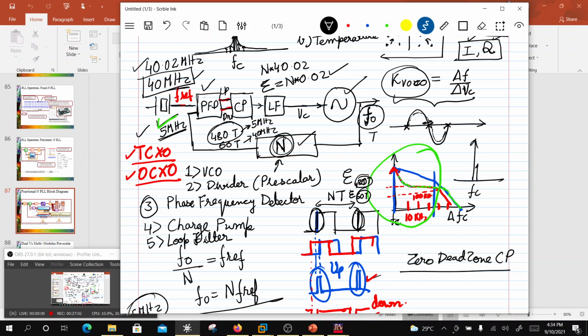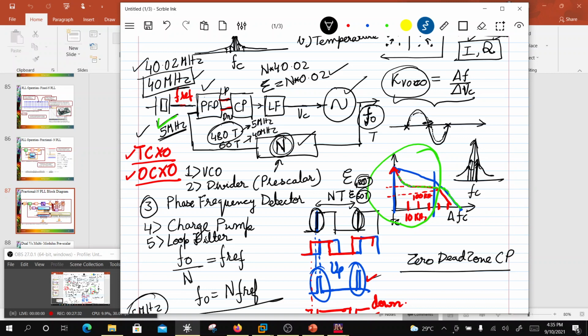And then there are frequency components here which are called spurs. Now if these spurs are continuous in nature, like there are lots of them and it becomes a spectrum, then it is called phase noise. Otherwise, if these are distinct frequency components, then they are called jitter. So there is a basic difference between jitter and phase noise: phase noise is a continuous spectrum, while jitter is distinct frequencies.